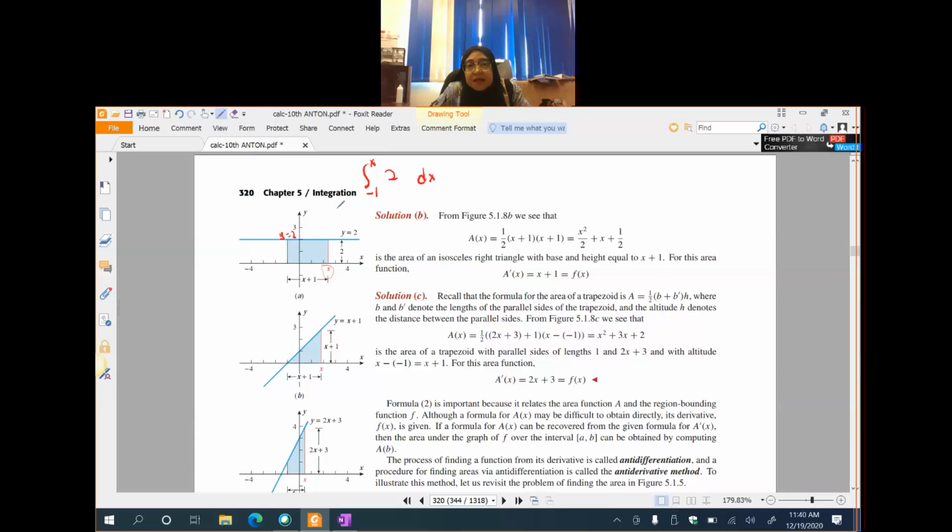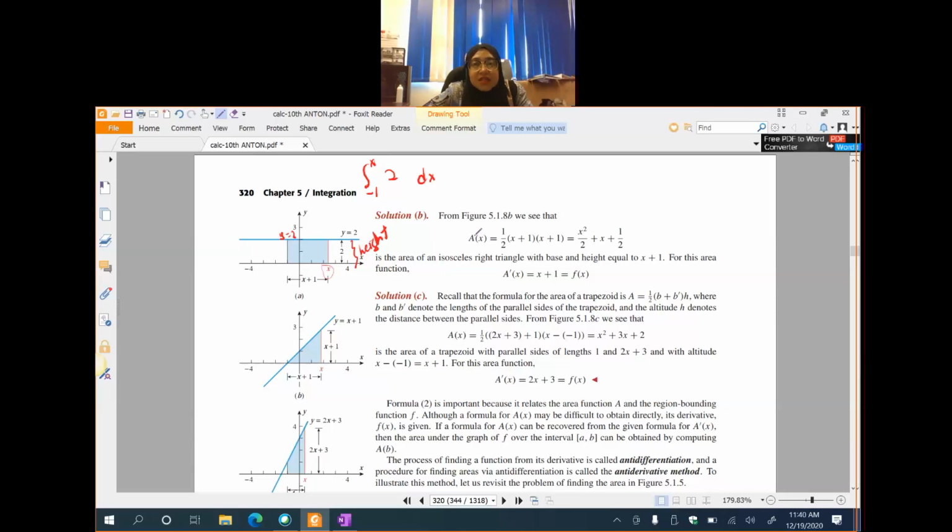You know that the area under the curve in this case is just the area of the rectangle itself, which takes the height equal to 2. So this is the height, which is equal to 2, and then the base will be x minus -1, or x plus 1.